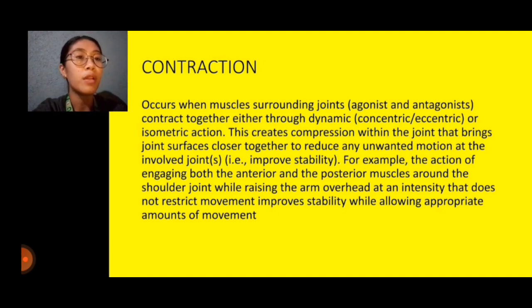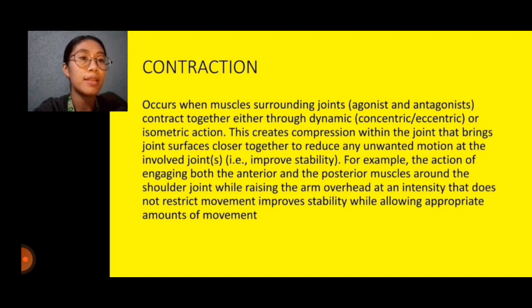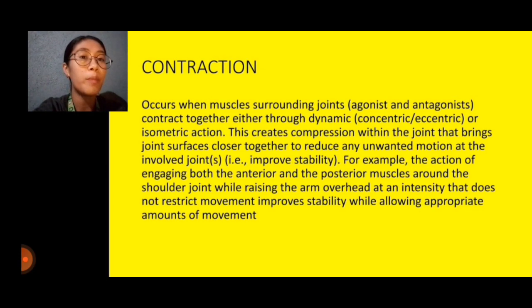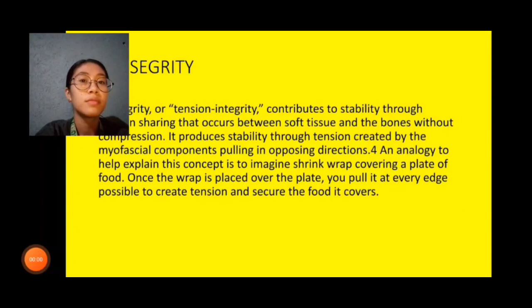So for example, the action of engaging both the anterior and the posterior muscles around the shoulder joint while raising the arm overhead at an intensity that does not restrict movement improves stability while allowing appropriate amounts of movement. The last one is tensegrity.